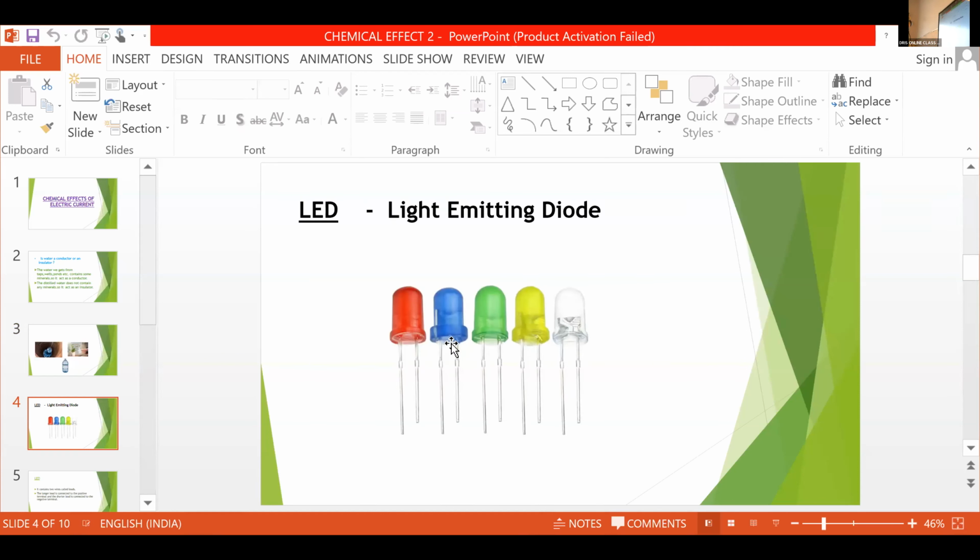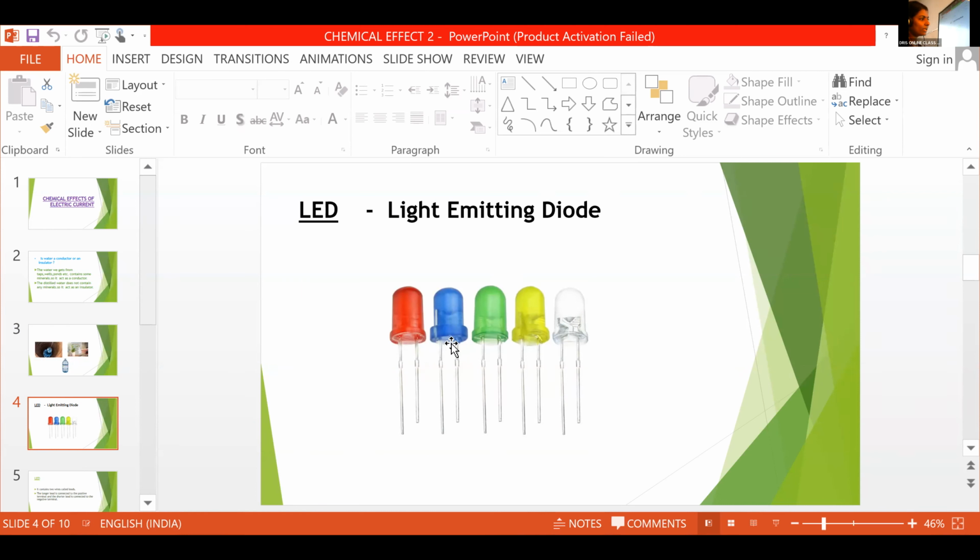Then what is the full form of LED? Light emitting diode. So in this LED, two leads are there. Yes, ma'am. What is the difference between these two leads? One is bigger, positive and negative. Consider the size of the leads.